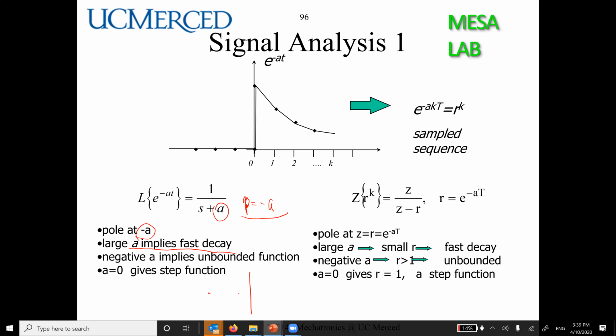If a goes this way, your decay is much faster. If a is negative, then the response is unbounded, meaning unstable. If a is 0, then you have an integration. So this is 0, then 1 over s is an integration, right?